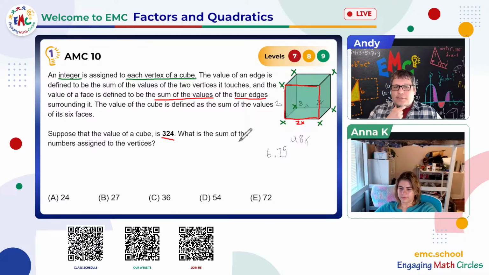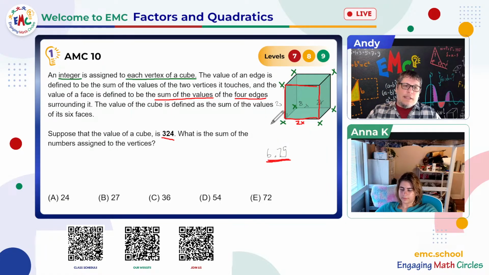What does that tell us? Not all of them are the same, because if it was all the same, we would have a nice round number here, but it's not an integer.